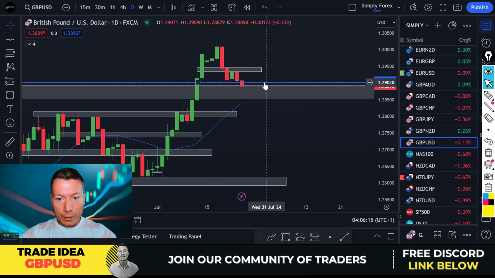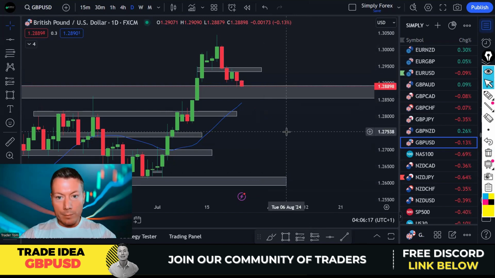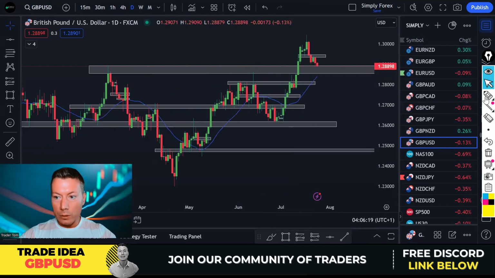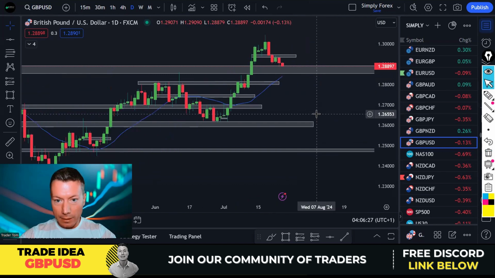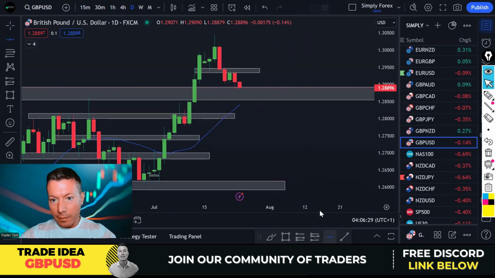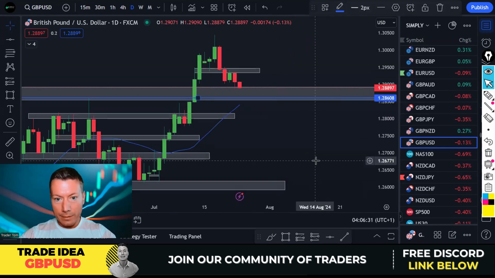Now, I'm going to remove this target, this blue line, because that was my initial target. And that was because of this high here, right? But it's looking like this has more room to the downside. So my next target is going to be this last high right there, guys. Yeah. So this last high here is now my target, right? And this might coincide with the moving average 20. So this would be a good target.